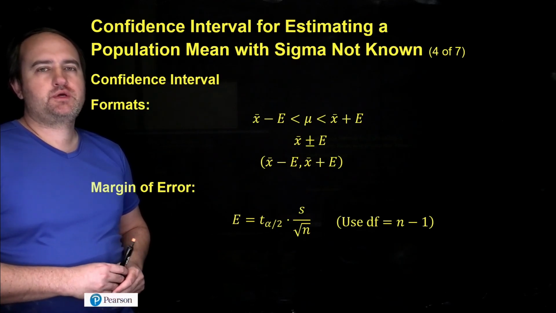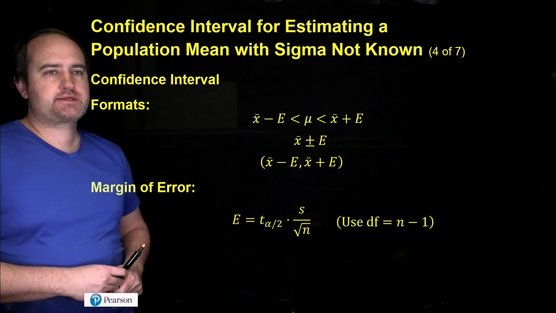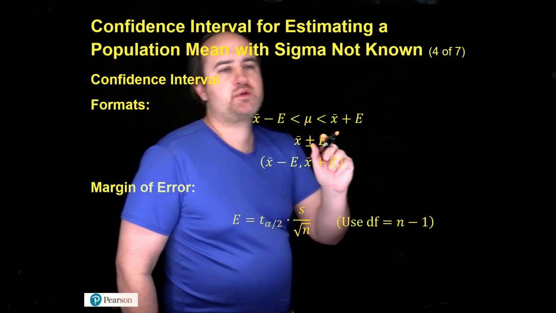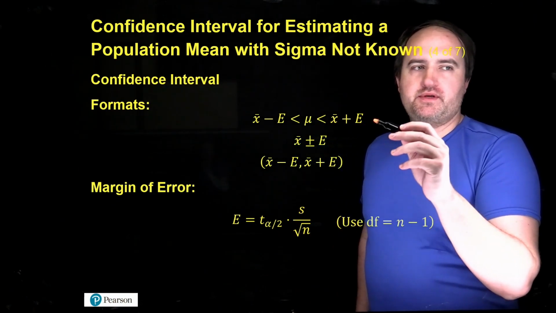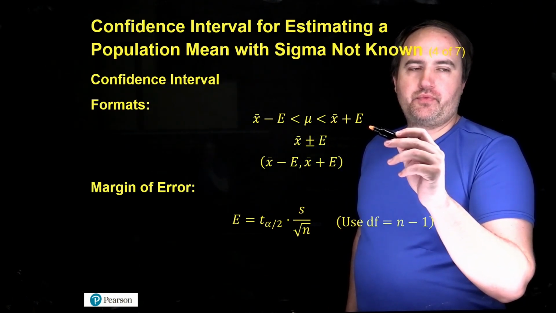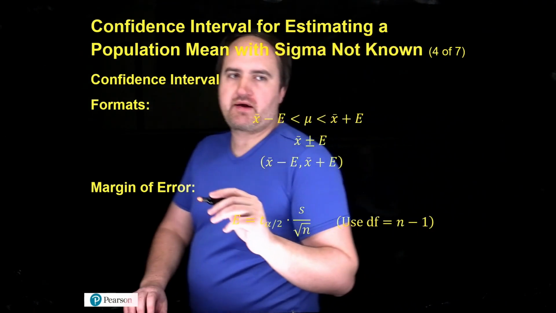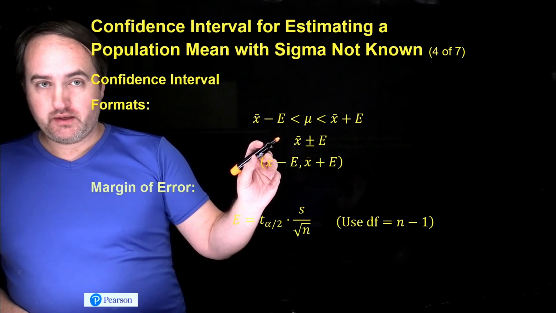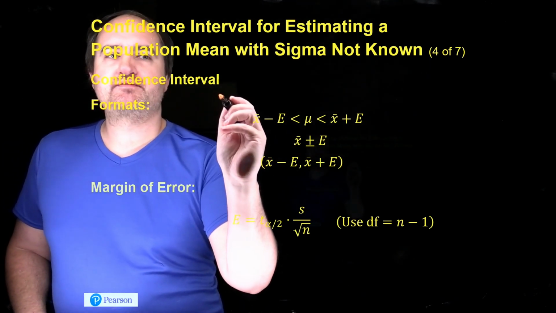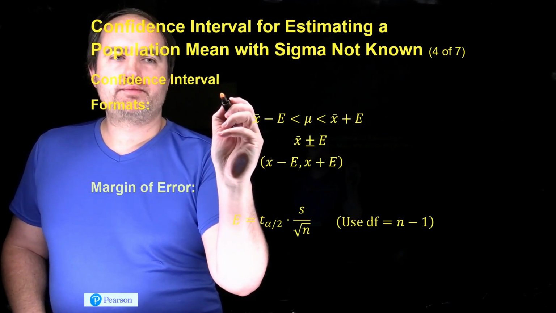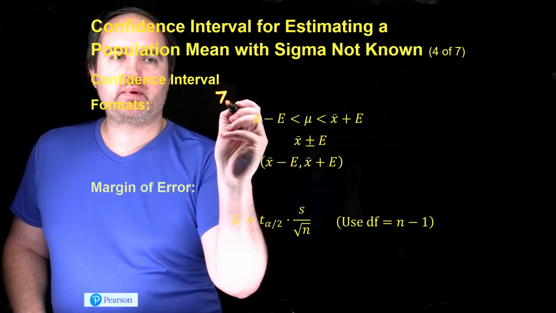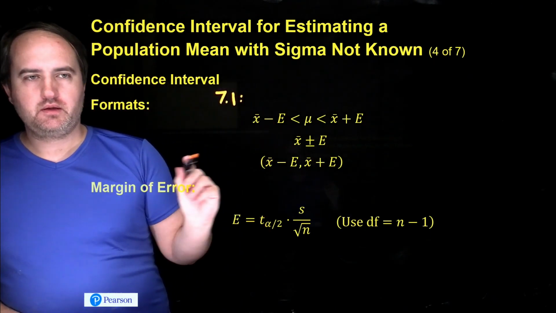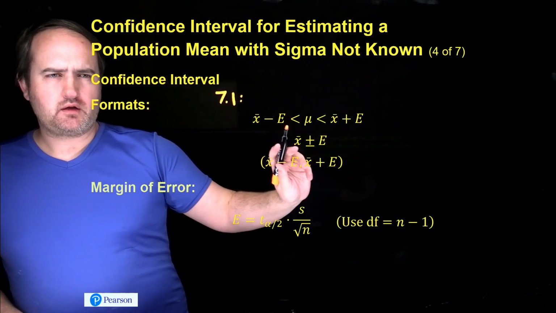So the formulas we're going to be using in this section, like I said, for the confidence interval, this formula looks kind of similar to what we did in the last section. So just for reference, I'll write the formula we used for our confidence interval in 7.1, which is my last video that I released. So in 7.1, remember we were estimating p, and our confidence interval looked a lot like this.